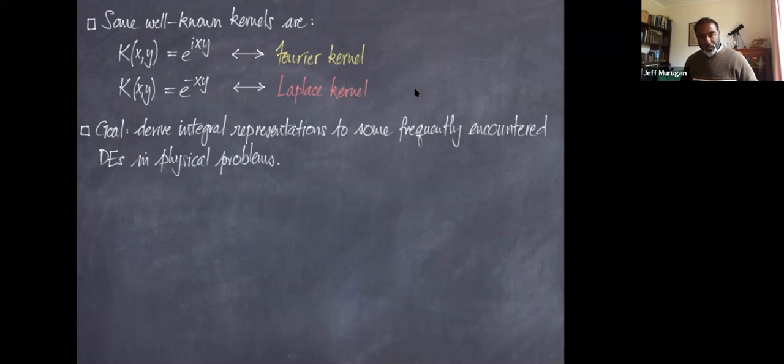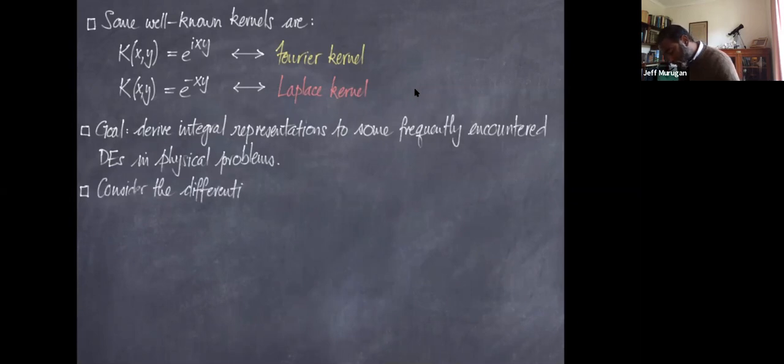So I want to consider a differential operator in some independent variable z, and I'm going to label it by L subscript z. So let's consider the differential operator. I'm not so much concerned about differential equations per se.